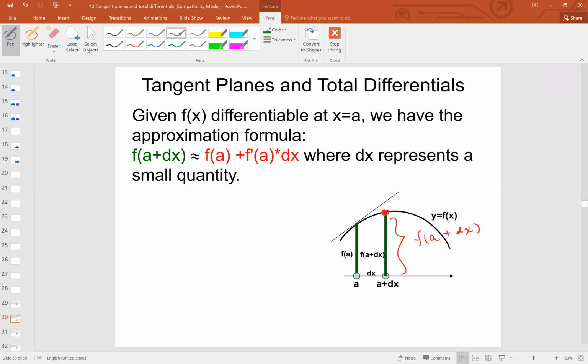But the easier thing to do, of course, is instead of finding what this value is, we proceed to find out all the way to the tangent line. And the way we do it is by looking at the difference between the two y values at a and a plus dx.